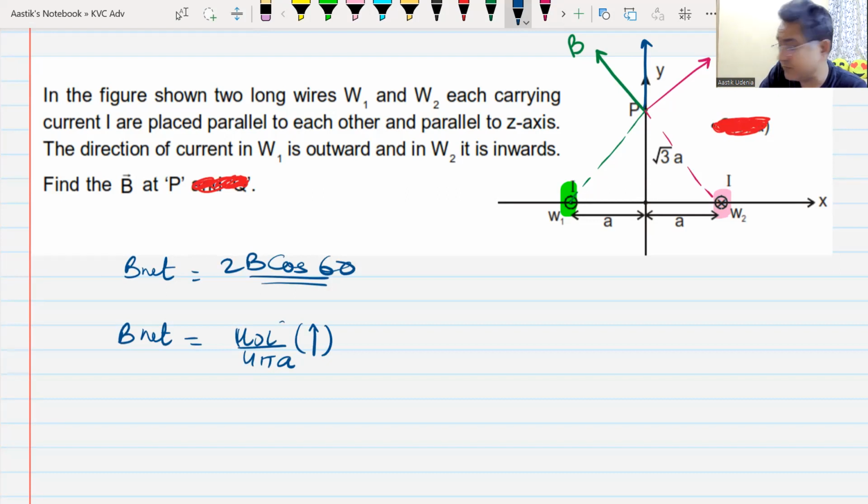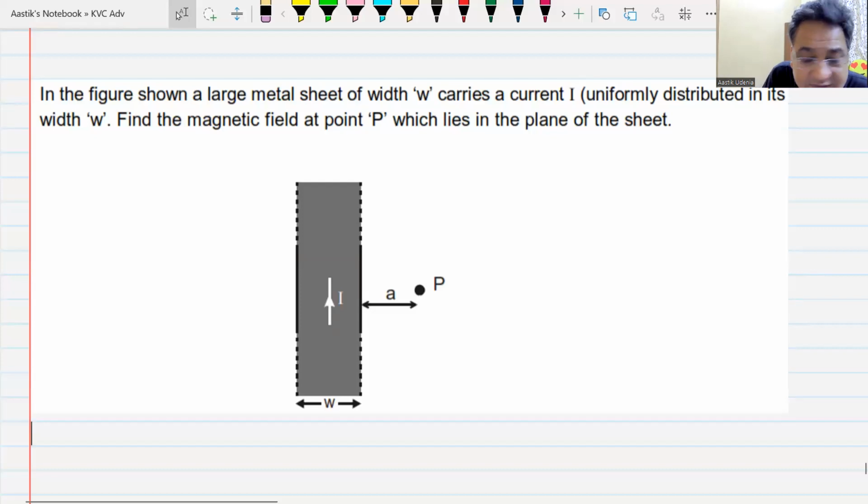I'll just give you a formula for the magnetic field due to a sheet. If you have a sheet which carries current I and W is the width of this sheet, and you have to find out the magnetic field at point P, you have to use the technique of integration.